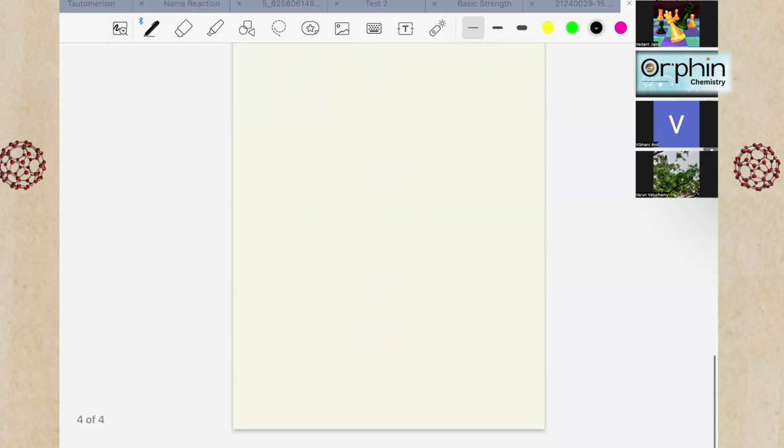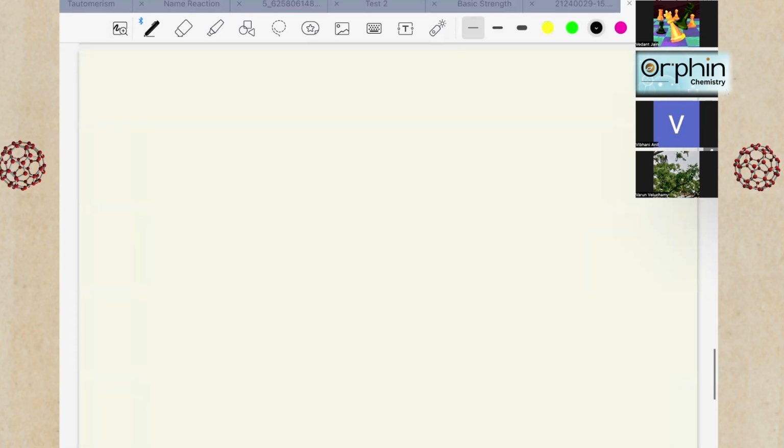So when the lone pair comes, let us see what the behavior of the dipole is when a lone pair comes on an atom. So this is a lone pair. A lone pair is again an electron cloud only; it is a pair of electrons. So the dipole moment direction will always be in the direction of the lone pair. If the lone pair is above, the dipole moment is above. If the lone pair is below, the dipole moment is below. Why? Because the dipole moment direction is from positive to negative, and the lone pair is a pair of electrons, and the atom is a nucleus here, right?